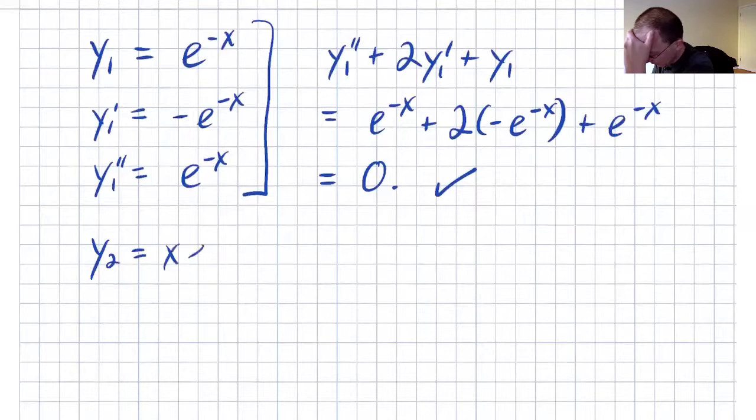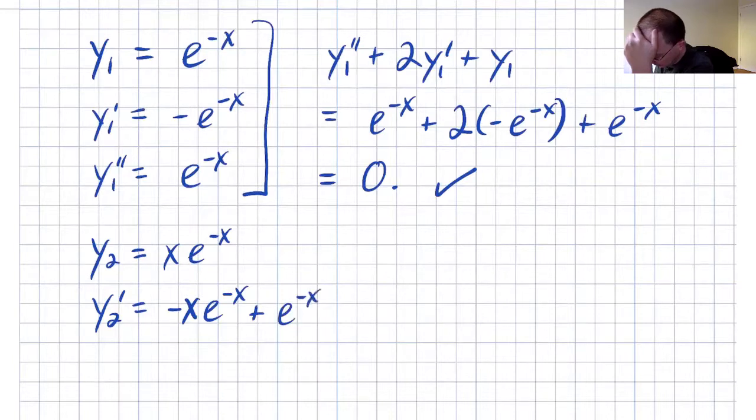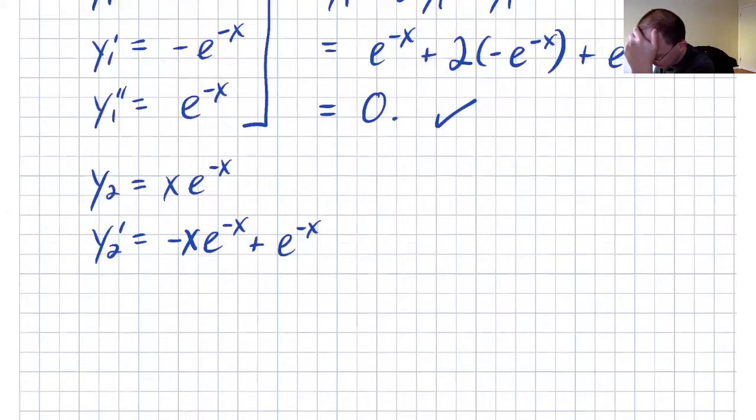This is x e to the negative x. y2 prime is going to be the derivative of the first. Well, I guess we'll do first times the derivative of the second. So that'll give us that, and then we'll do the derivative of the first times the second, like that. Okay. And now we'll do the second derivative.